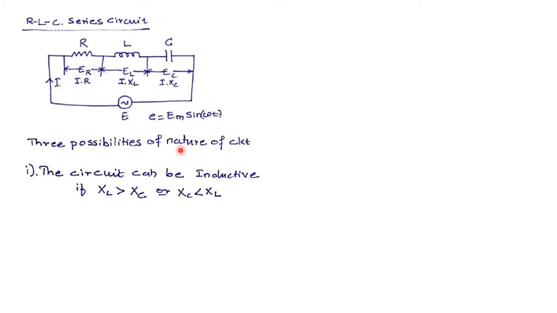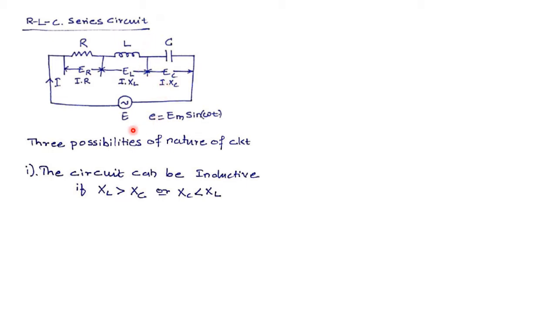Please remember that the reactances of inductance and capacitance depend upon the frequency, whereas the value of resistance is forever constant once it is used in the circuit. So the value of inductive reactance and the value of capacitive reactance will vary with frequency. Therefore, if the frequency of the supply source is varied, the effect on the circuit may be different at different frequency ranges.